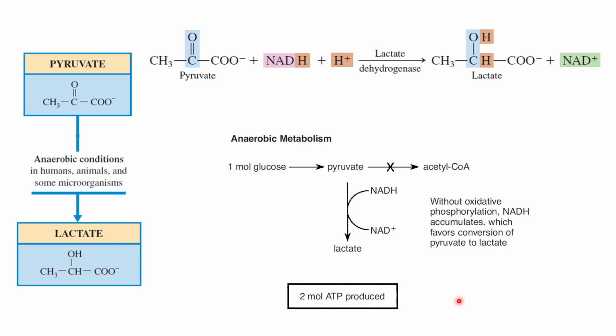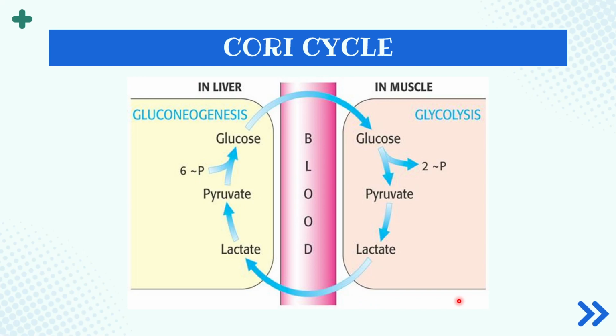the other problem that we will face is in terms of the accumulation of your lactate, which will cause our pH to go down, making it acidic. And that is what we call your lactic acidosis. Kanang lactic acidosis, kids, that will also have a grave effect into our muscle kasi may tinatawag po tayong Cori cycle.